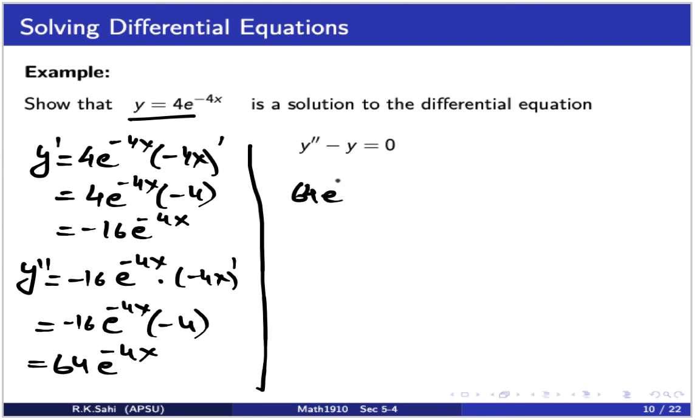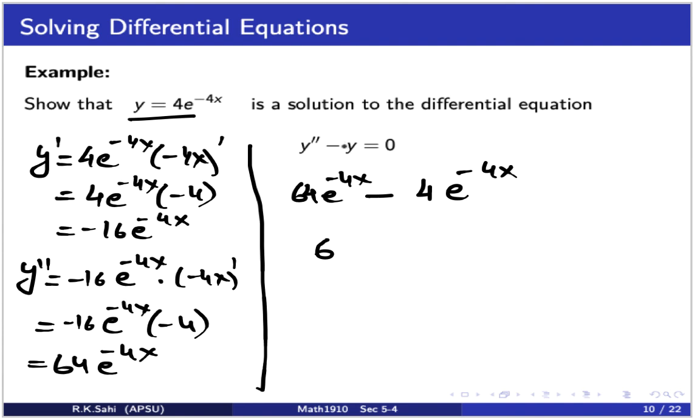We get 64 e to the power negative 4x minus y, which is minus 4 e to the power negative 4x.